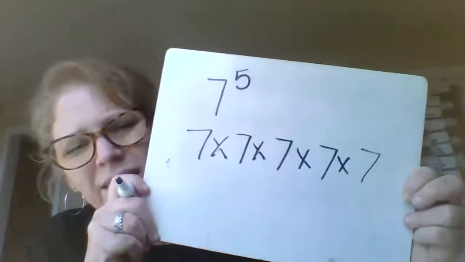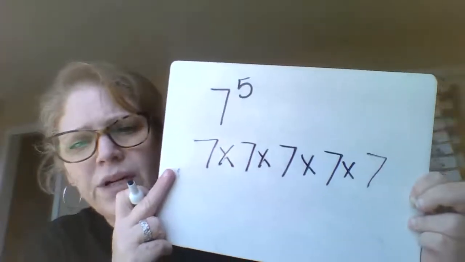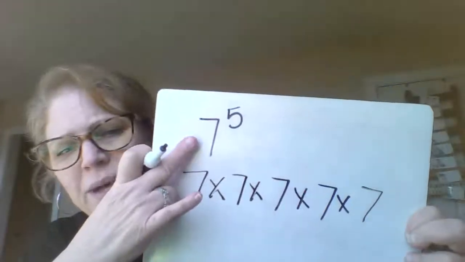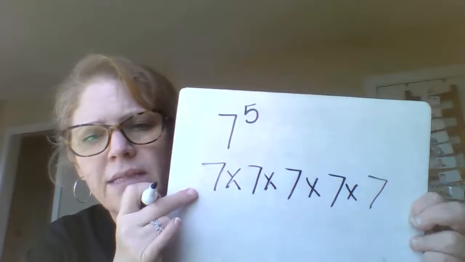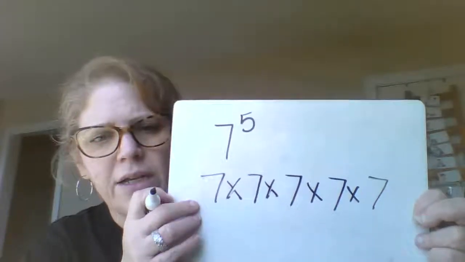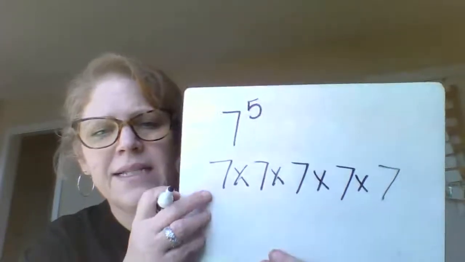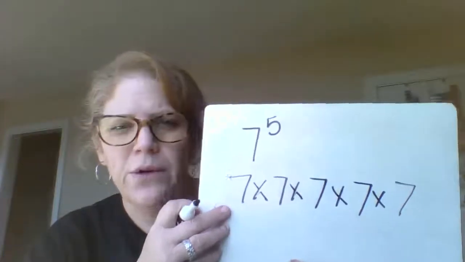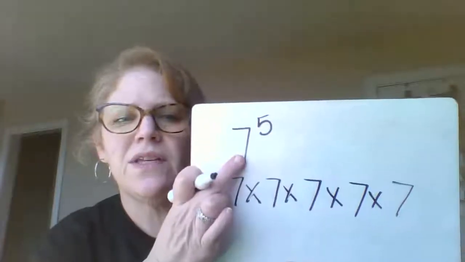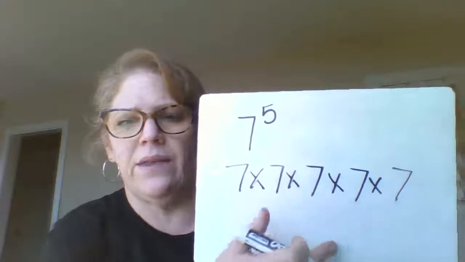Wouldn't you agree that it's easier to write this than all of this? I think so. Because you don't want to work harder, you just want to work smarter, okay? So this is just telling you don't have to write all this.